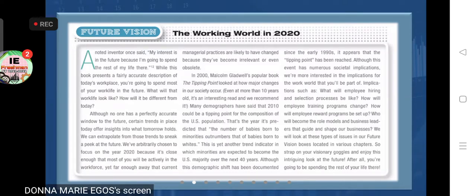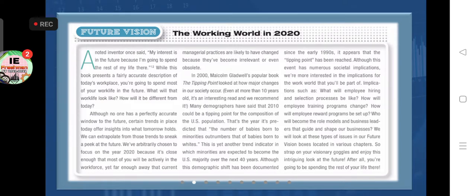What will that work life look like? How will it be different from today? Although no one has a perfectly accurate window to the future, certain trends in place today offer insights into what tomorrow holds. We can extrapolate from those trends to sneak a peek at the future.